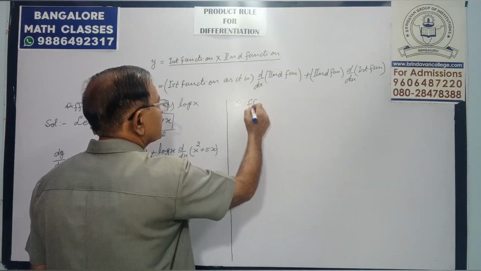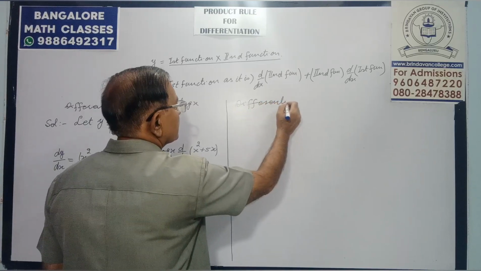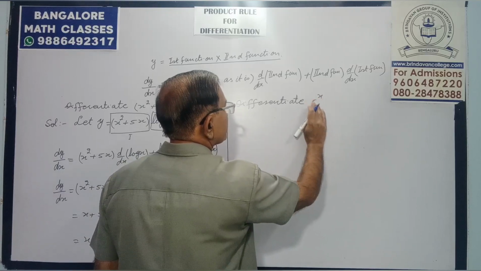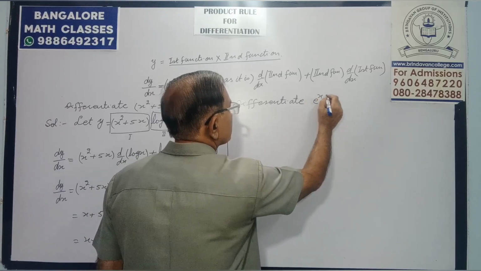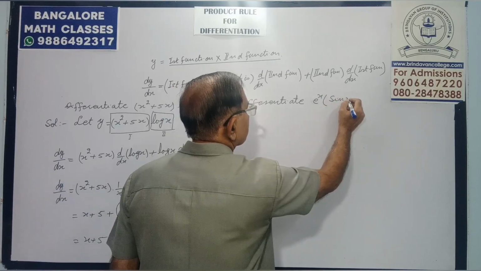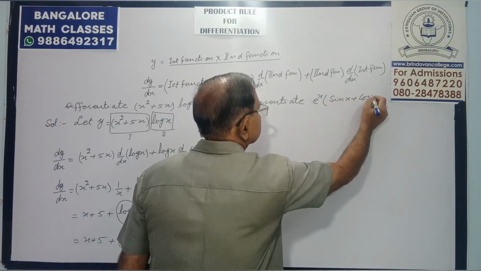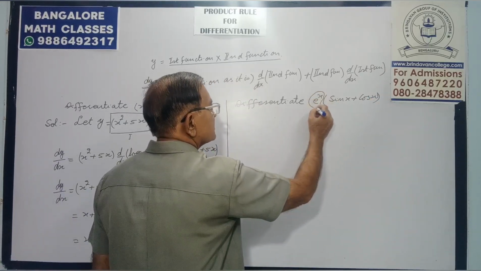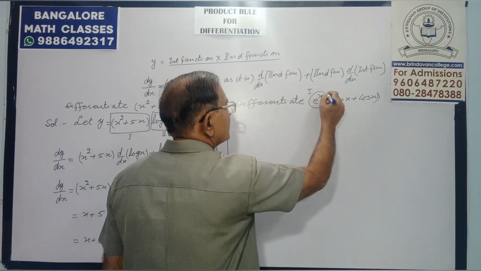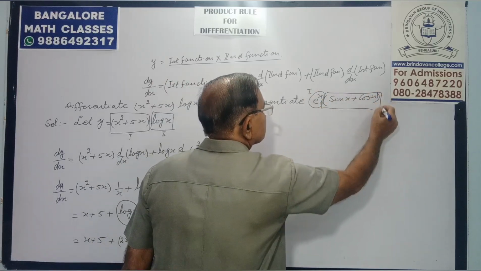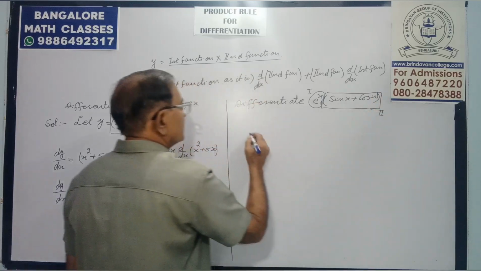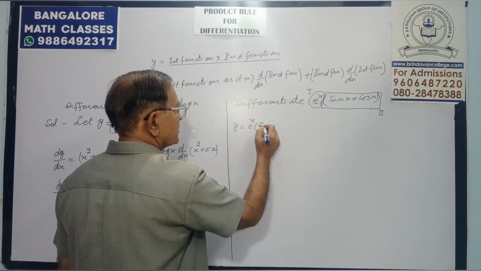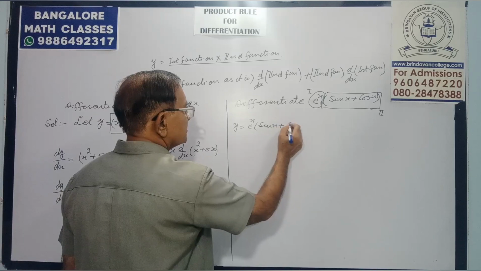Differentiate eˣ (sin x + cos x). In both the terms x is there, first term, second term. So y equals eˣ (sin x + cos x).